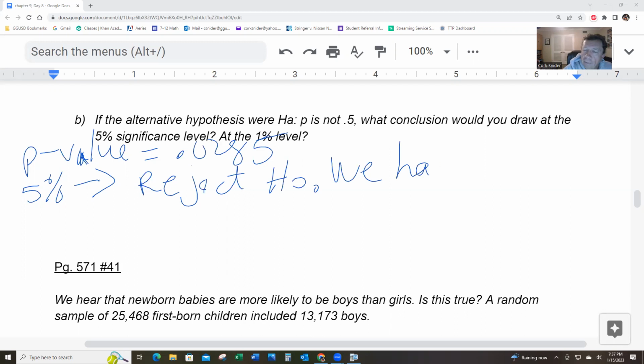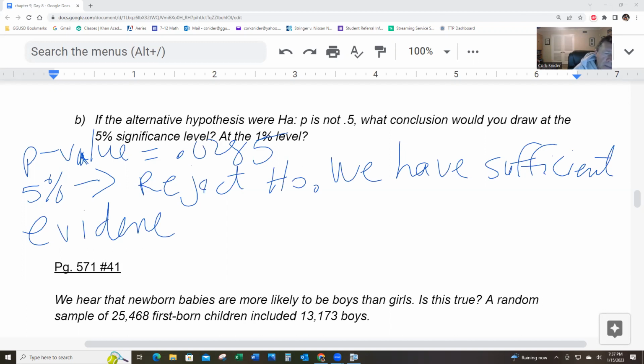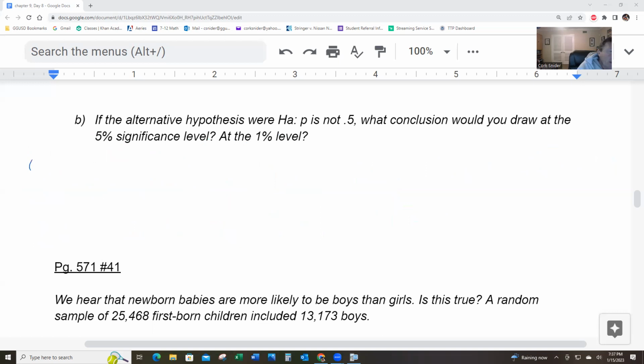We have sufficient evidence to suggest, and we don't have any context. I'm just going to put... Okay, we have sufficient evidence to suggest... And again, 0.0285 is the number.